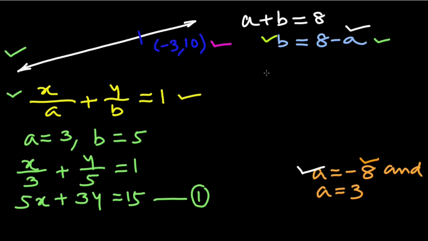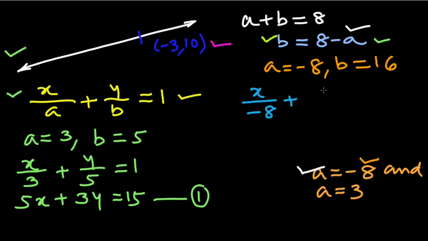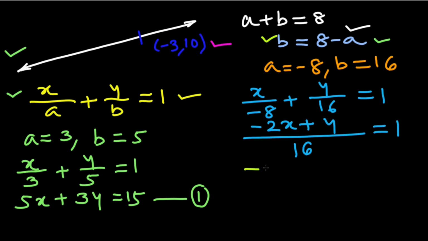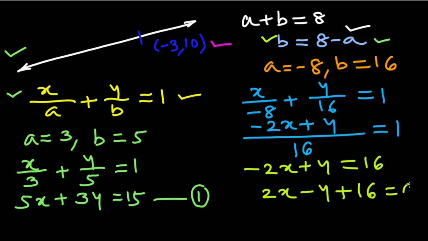From a equals minus 8, we get b equals 16. So the second equation will be x by minus 8 plus y by 16 equals 1. LCM of 8 and 16 will be 16, so it will be minus 2x plus y equals 16, or 2x minus y plus 16 equals 0.